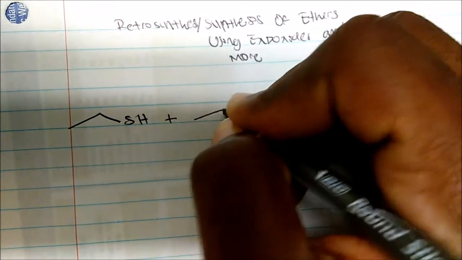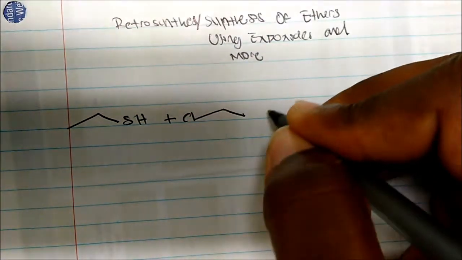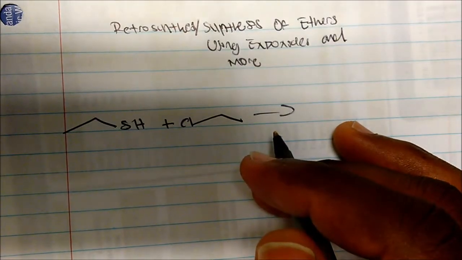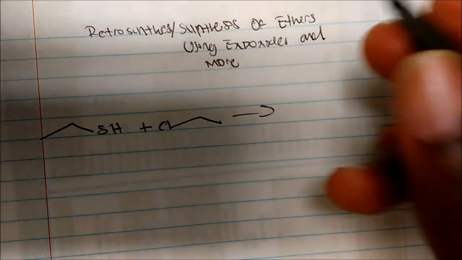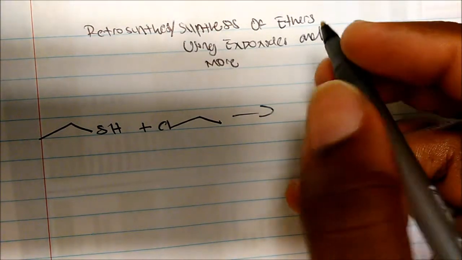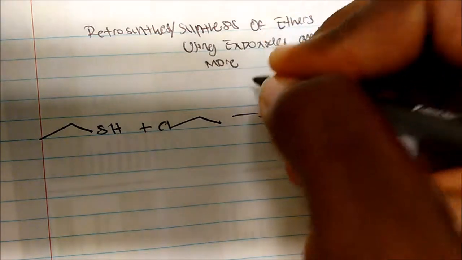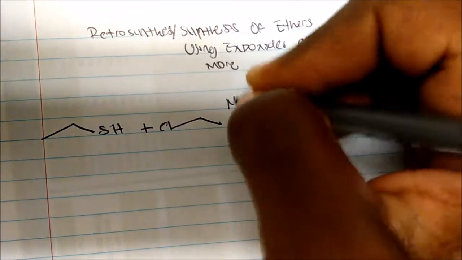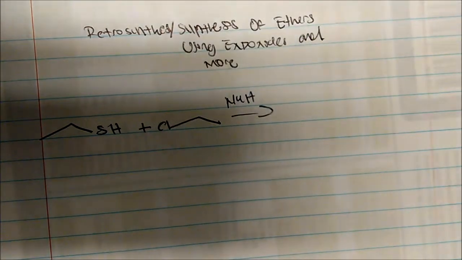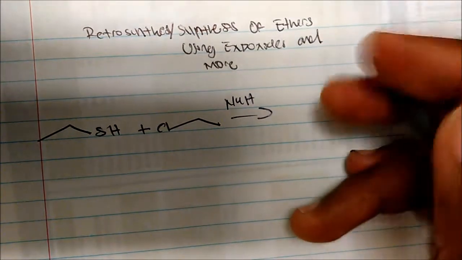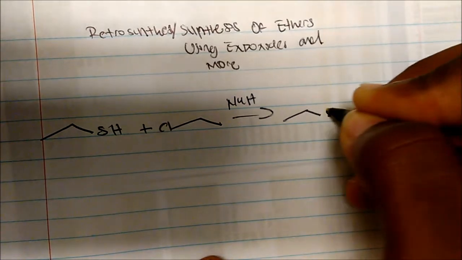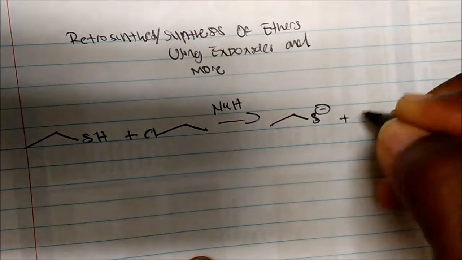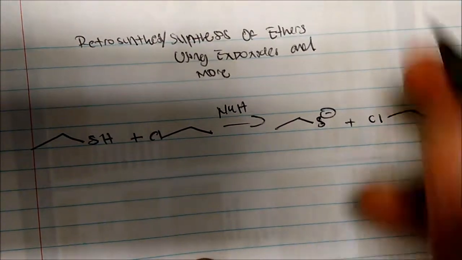So if I take this molecule, for example, and I add it with some sort of alkyl halide, chloride, here's what I get. So if I add in sodium hydride, which is what we know about Williamson ether synthesis, my sulfur becomes negatively charged, plus this alkyl chloride here.